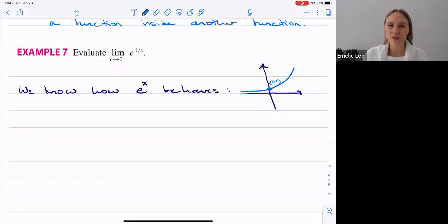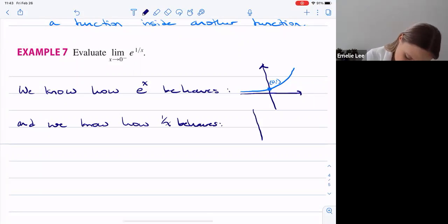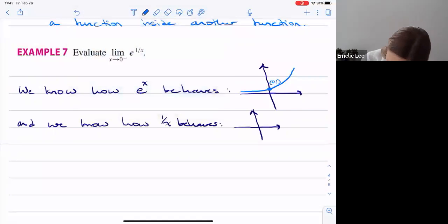But we also know what 1 over x looks like, and how 1 over x behaves. 1 over x looks like this. Oh, I'll use a different color. Not very pretty, but that's what it looks like.